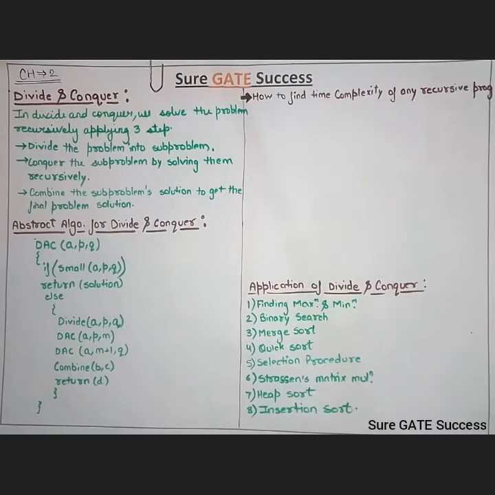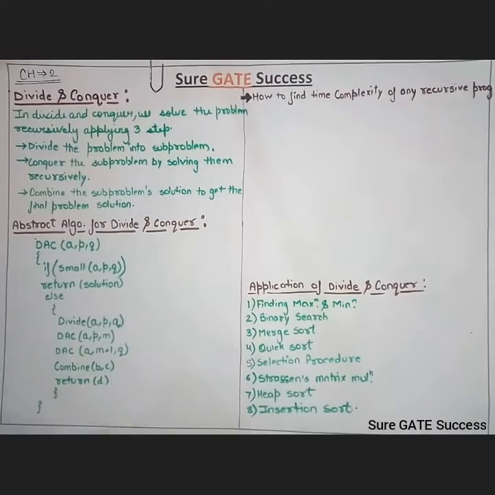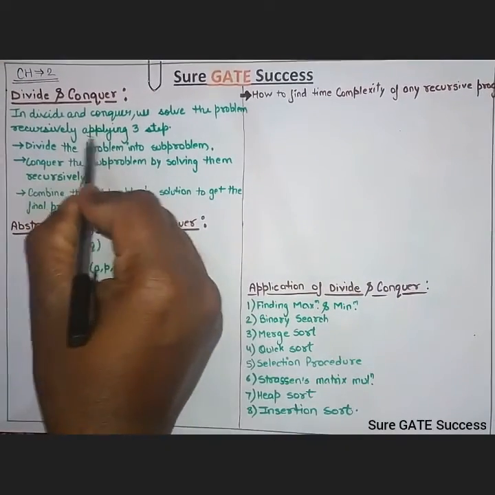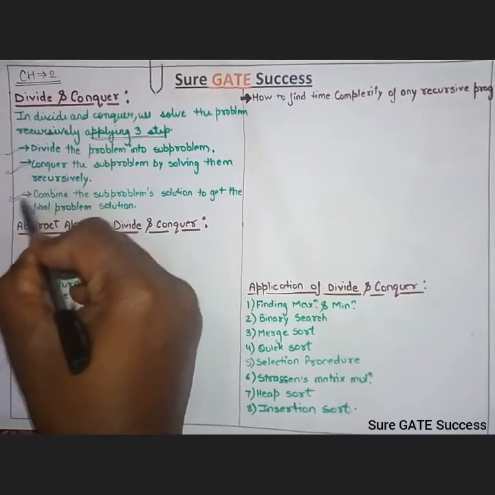So let's start with the definition. What is exactly divide and conquer? In divide and conquer, we solve the problem recursively by applying three steps. You can see that here there are three steps.